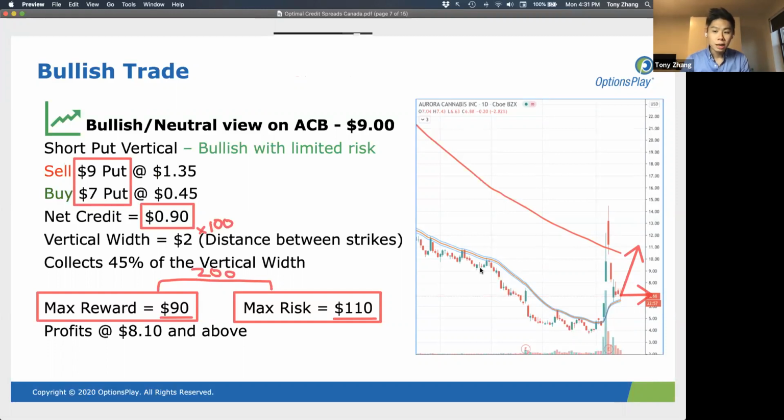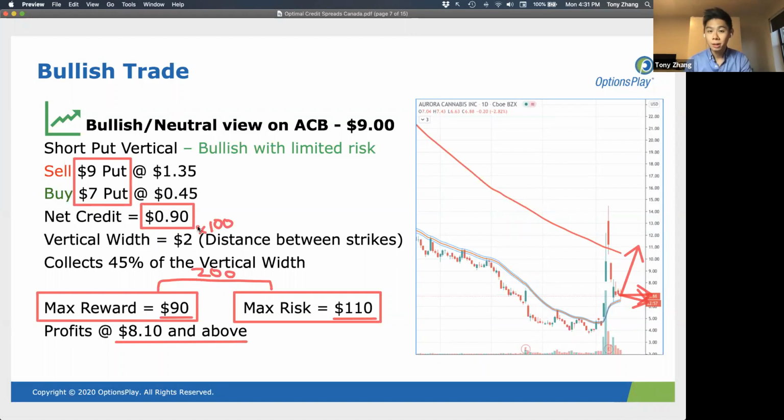But if the stock moves lower, meaning I got the direction wrong, you can actually still be profitable because the strategy is profitable as long as the stock stays above $8.10, which is the $9 put minus the 90 cents that you collected. So your break-even price is $8.10. The stock can move up to about 9% lower before you lose any money on this trade.